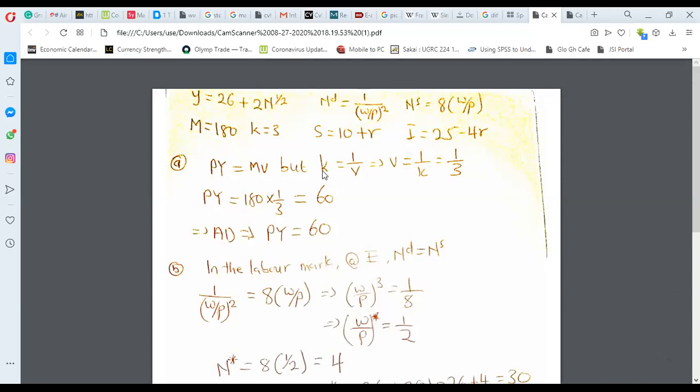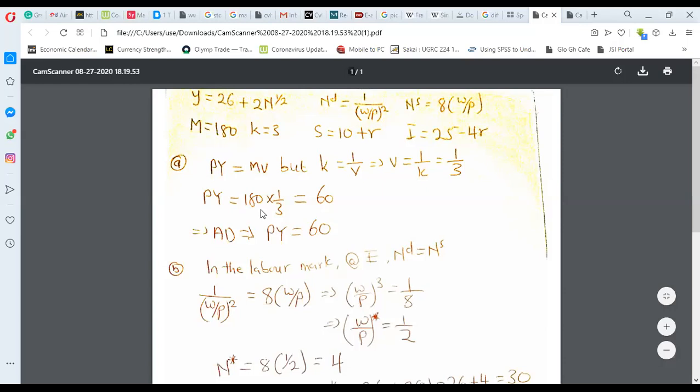And K is equal to 1 over V. So from here, V will be 1/3. So now PY should be equal to, we're given the money supply as 180, so 180 times 1/3. So PY is equal to 60 is our AD curve.